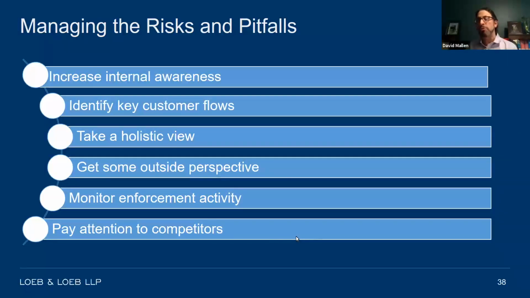If it crosses a line, or you're not sure, or you need some outside perspective, it's going to be important to get that. Keep track of the kinds of issues that are in the crosshairs of the regulators, the enforcers, and the consumer class action lawyers. Monitoring enforcement activity is going to be really important going forward.